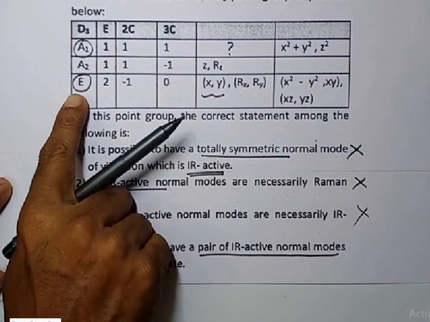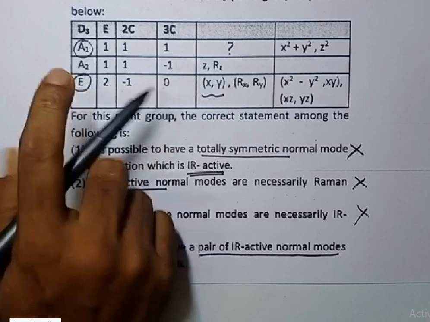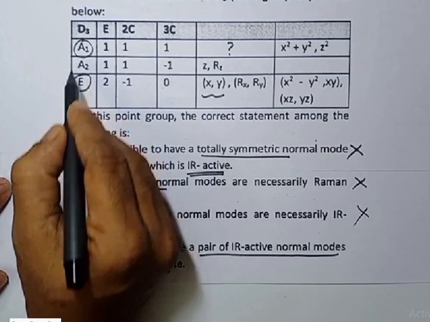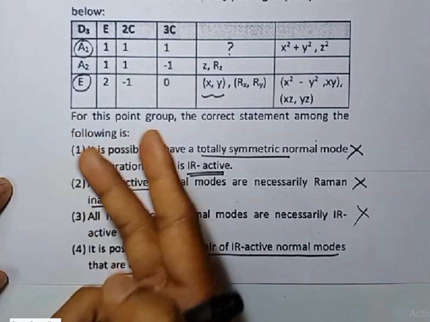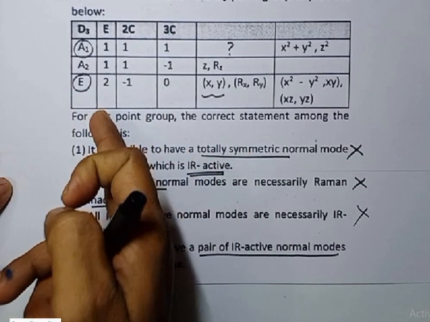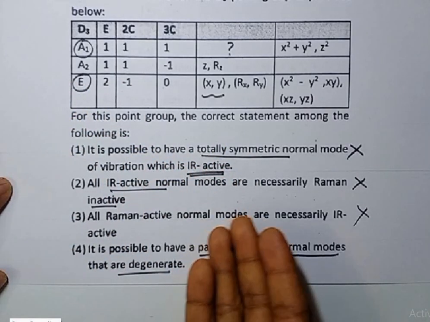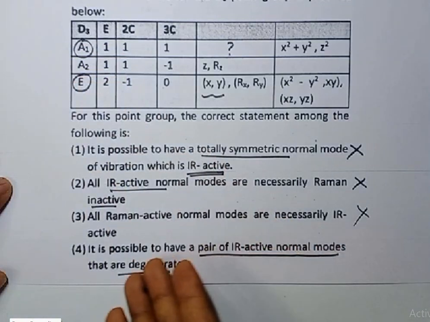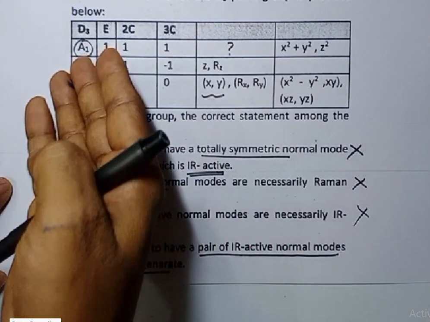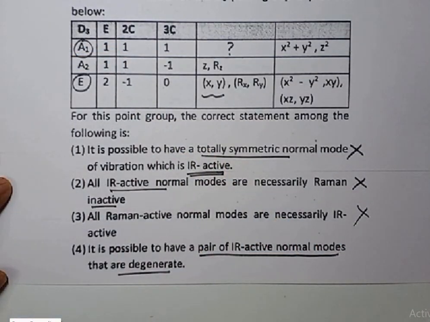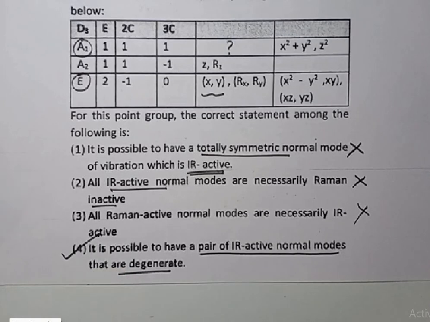But I have a two-dimensional irreducible representation here. A is one dimension, E is two dimension. Therefore, a pair of normal modes may exist in this irreducible representation. Yes, the correct statement for this question is statement 4. Take note.